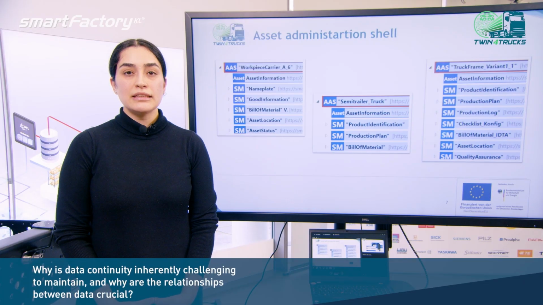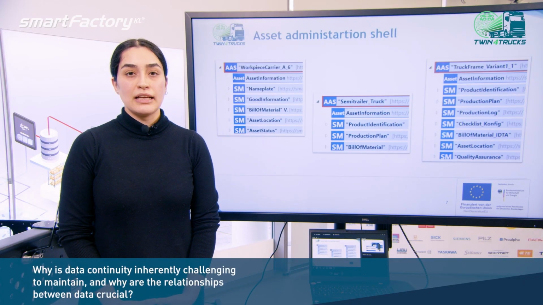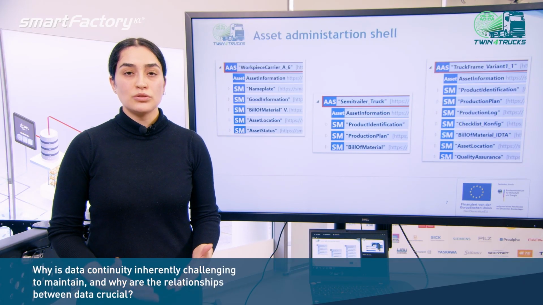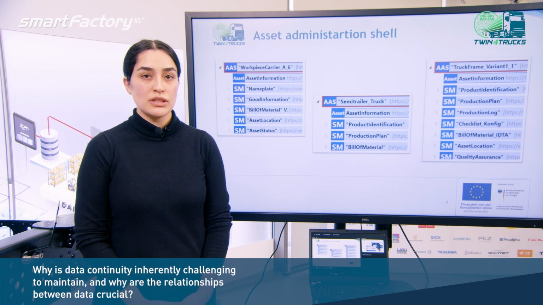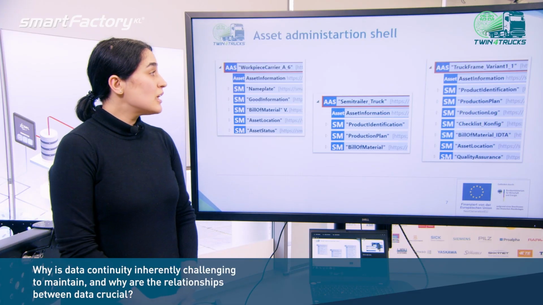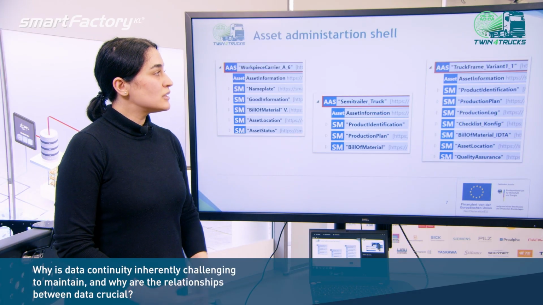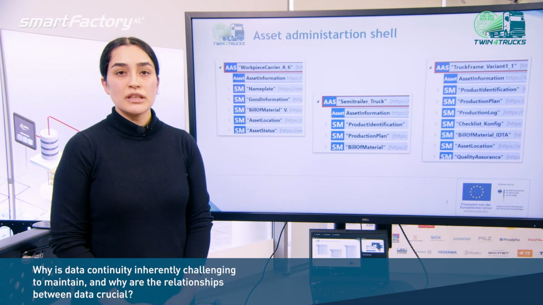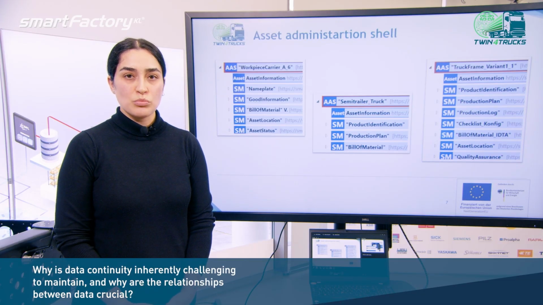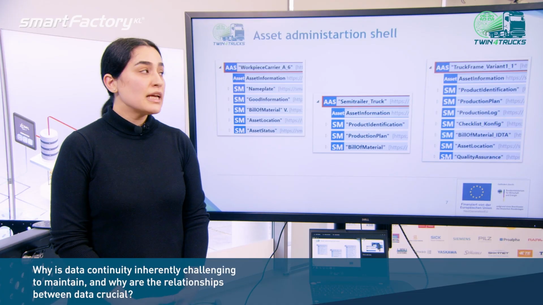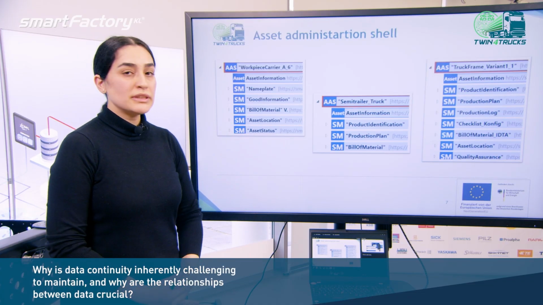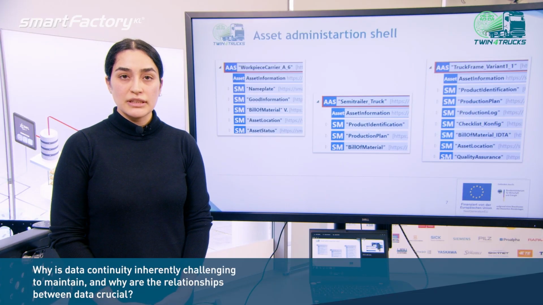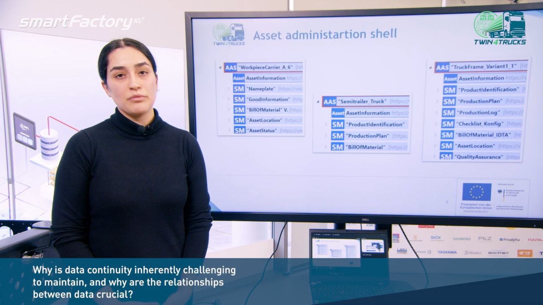So for creating AASs and defining the digital twin representation of the assets in the system based on the user stories, we define different AASs. As you can see in the slide, one is related to the truck frame. This one was more customized, but for the others, for example the semi-trailer truck and the workpiece carrier, we used submodels that completely came from IDTA.